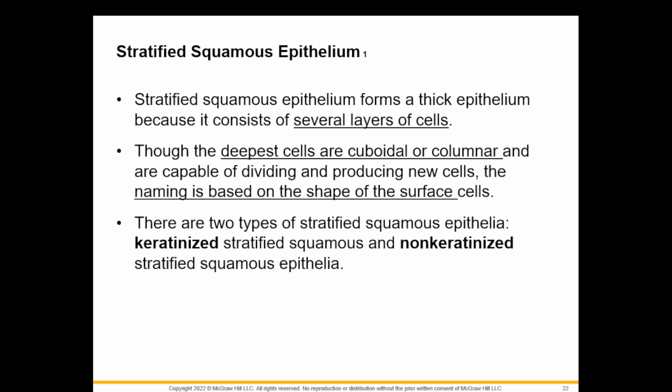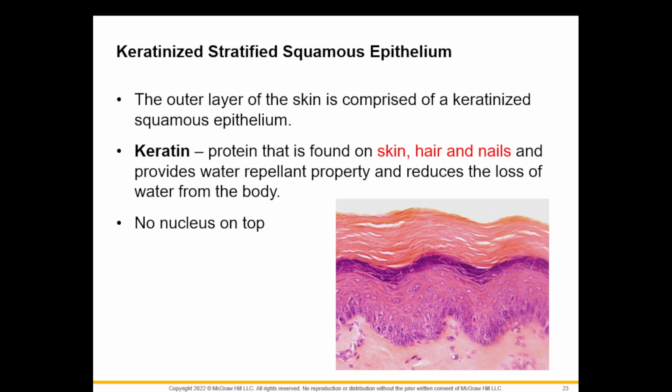What's the difference between the two? Of course, the presence of your keratin. What does keratin do? We've already talked about keratin when we discussed cell anatomy. Keratin is made up of your intermediate filament, and it's found on your skin, hair, and nails. So automatically, the keratinized stratified squamous epithelium are found in the same parts of the body: skin, hair, and nails.